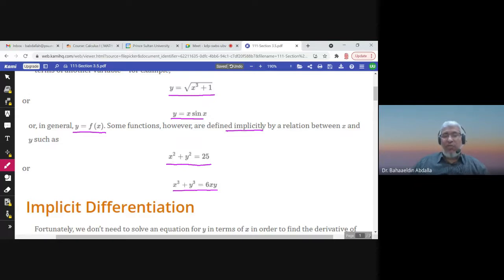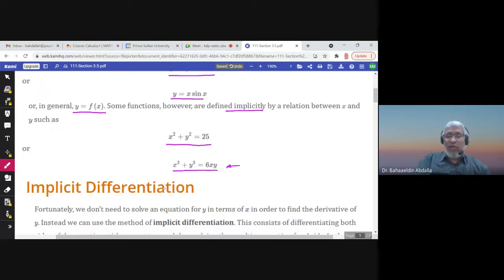So we have two methods. Either we solve this equation for y and then find dy by dx, but for this equation it's very hard to solve for y. Sometimes it's not even possible to solve the equation for y.